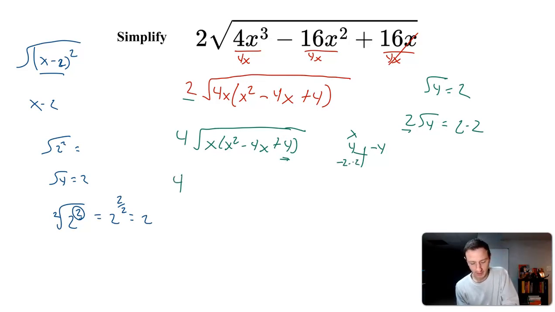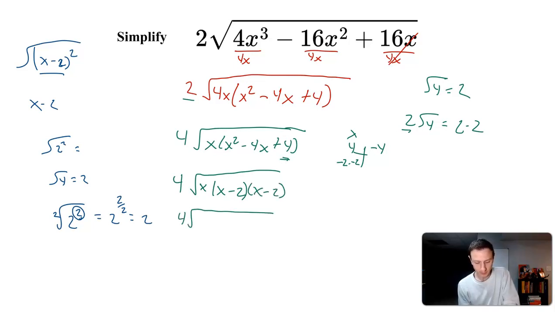So I'm going to have 4x times x minus 2 times x minus 2. I could rewrite that as 4 square root of x, x minus 2 squared.